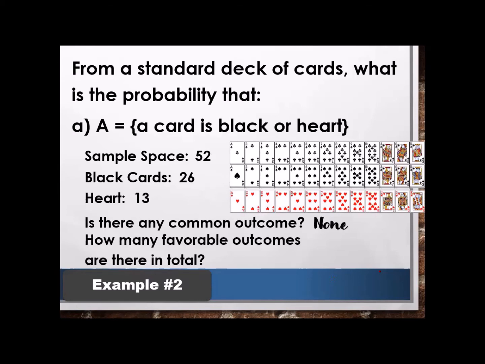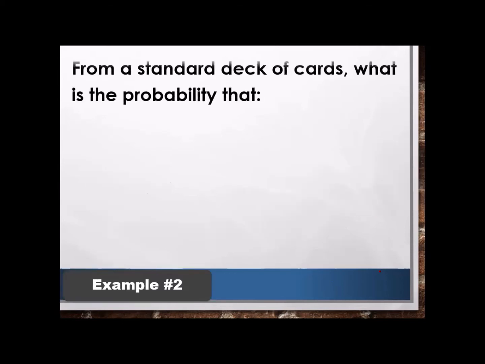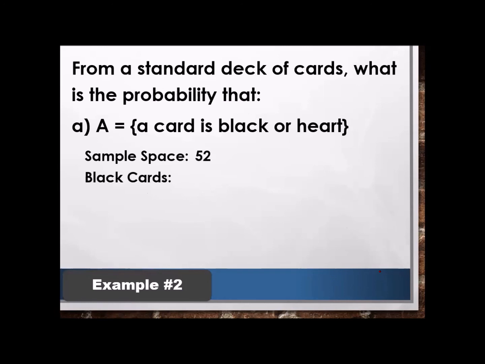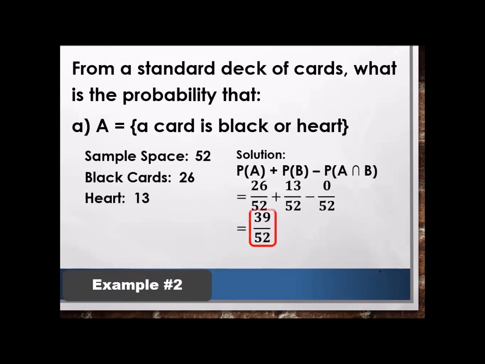Wala po. So, ilan lahat ang favorable outcomes? We have here 39 favorable outcomes. Out of ilan yung sample space? Okay, that is out of 52. So the answer here is, wala tayong common, kaya 0 yan. So 26 plus 13 is 39 all over 52. So this is our final answer.